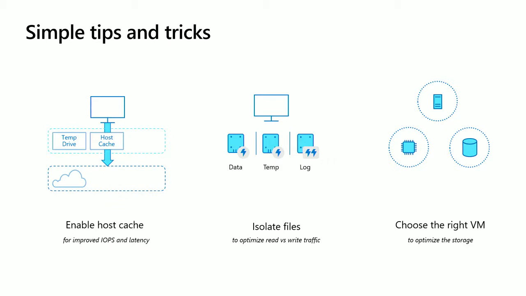So you could keep adding disks, but if the VM is going to be your constraint, then you will not see that performance show up as part of your application. There are memory optimized VMs and storage optimized VMs that could be great for this. And every time you pick a VM, check the throughput and check the IOPS that the VM is capable of to ensure that you're maximizing the underlying storage.